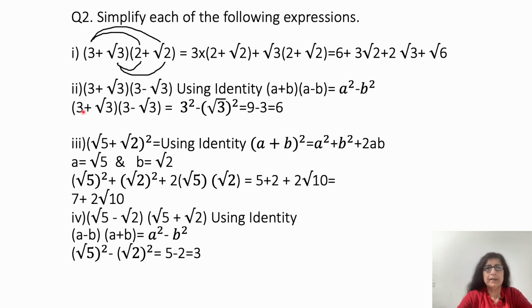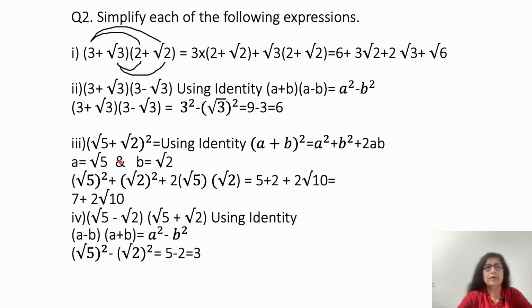Now this is equal to 3 square minus under root 3 square. 3 square is equal to 9. Under root 3 square is equal to 3. 9 minus 3 is equal to 6. This is the answer. We move on to part 3.